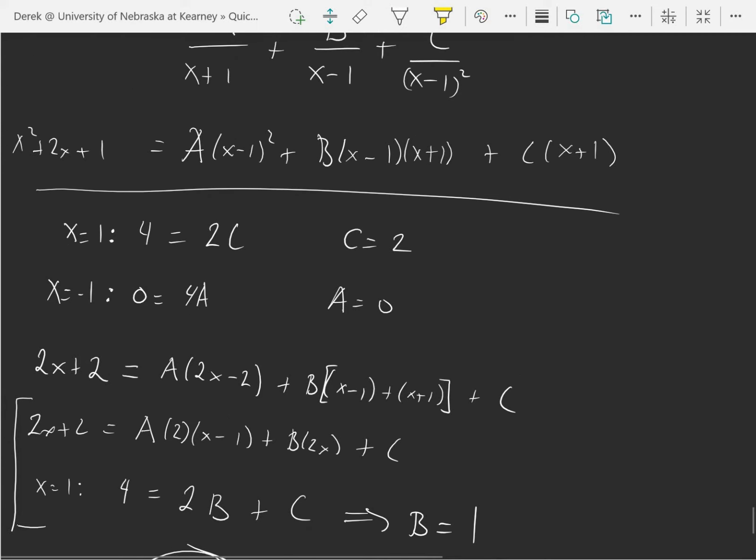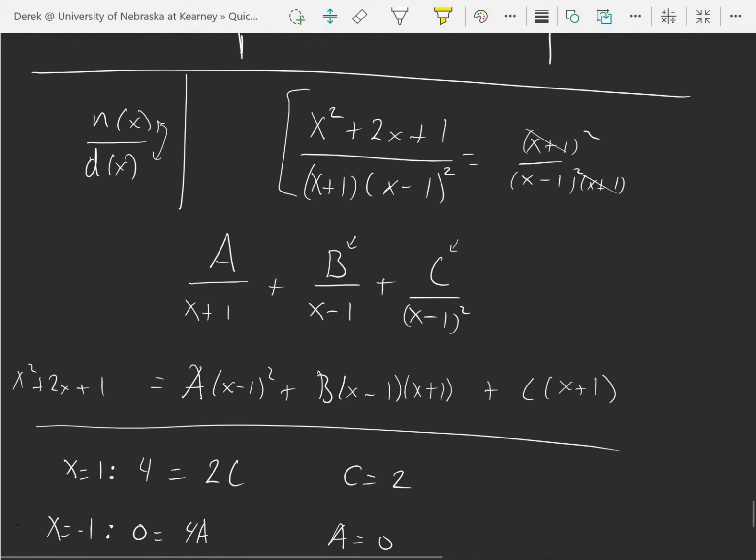Well, that's sort of where we find out that this piece wasn't actually needed, because this x plus 1 in the denominator canceled out with the x plus 1 in the numerator, and so that piece wasn't actually there.